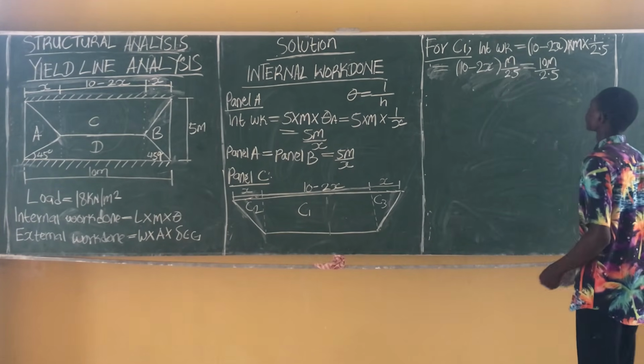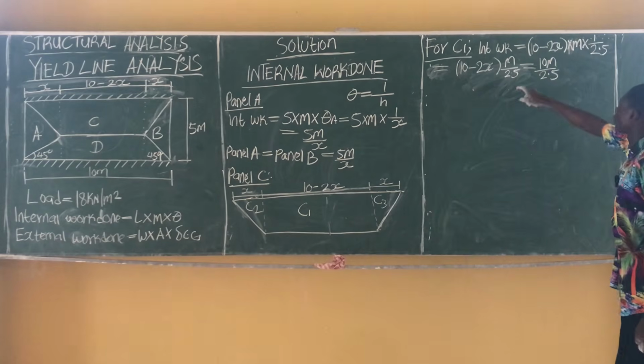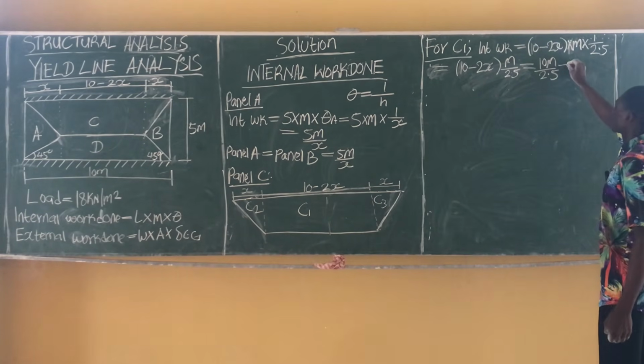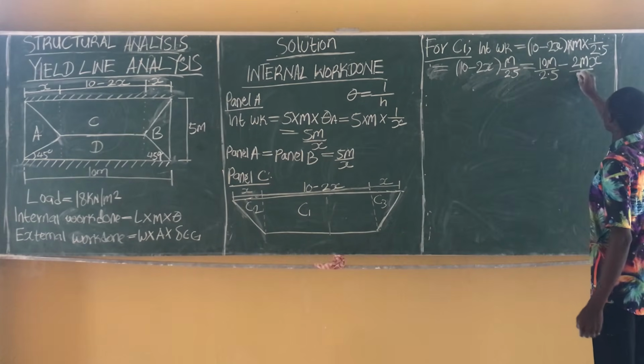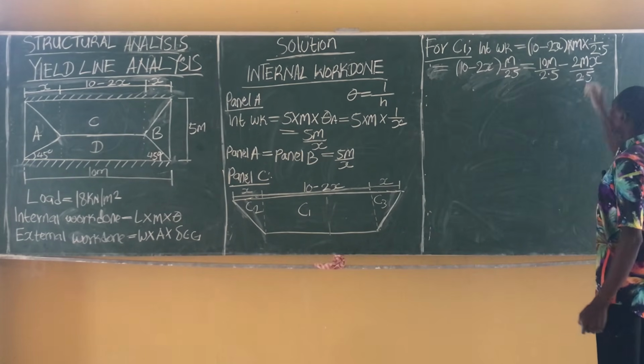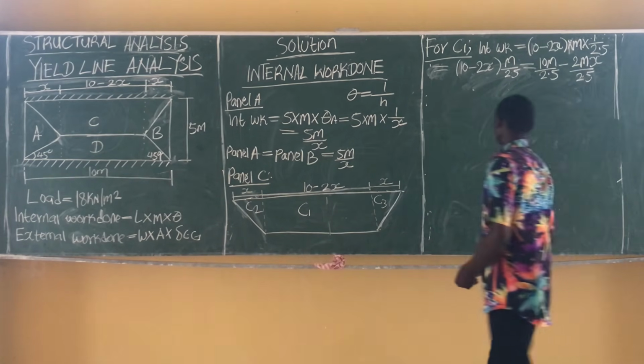And this is equal to, so 10 times m all over 2.5 is 10m all over 2.5. 2x times m all over 2.5 is minus 2mx all over 2.5.